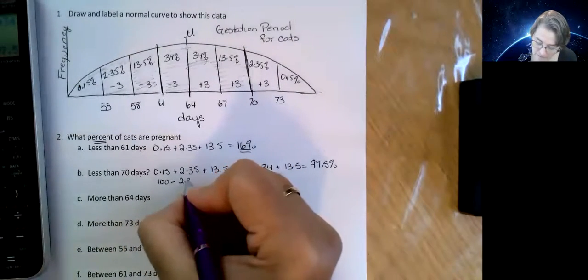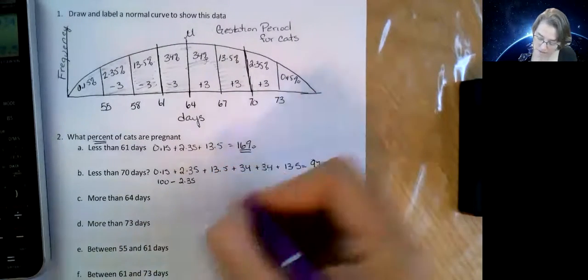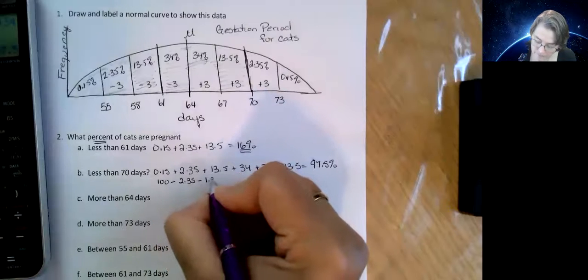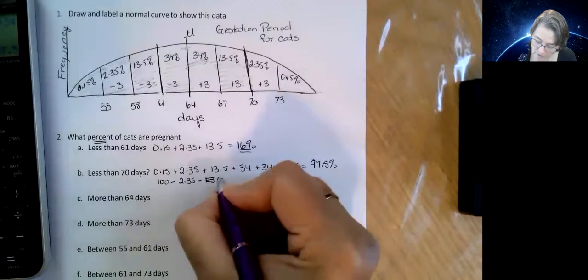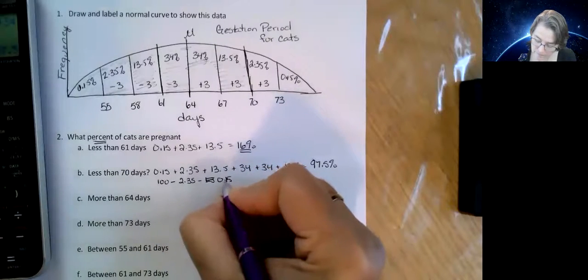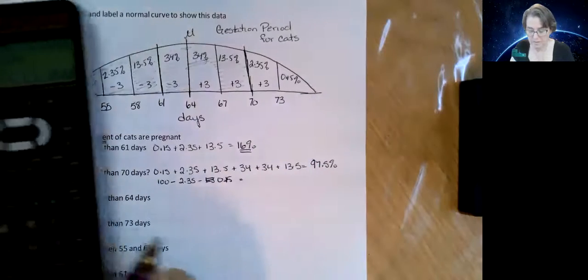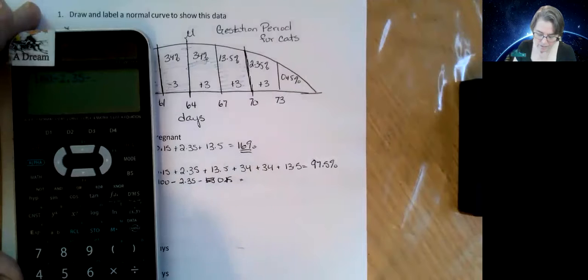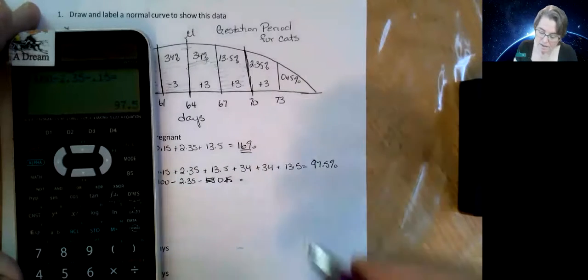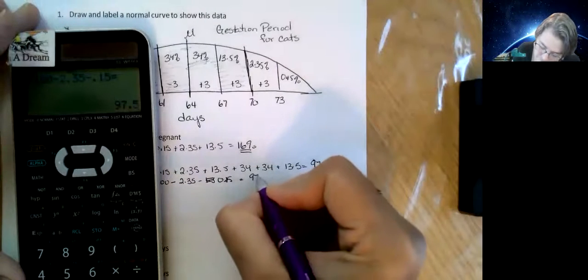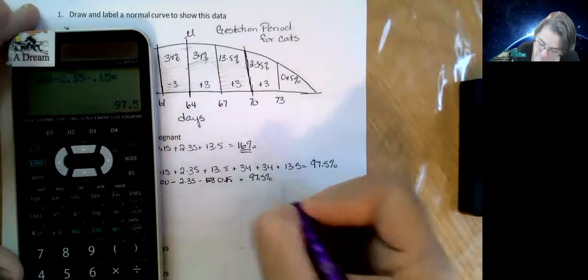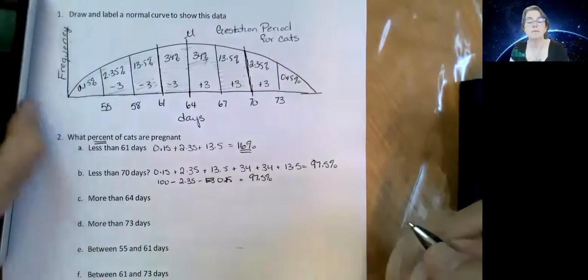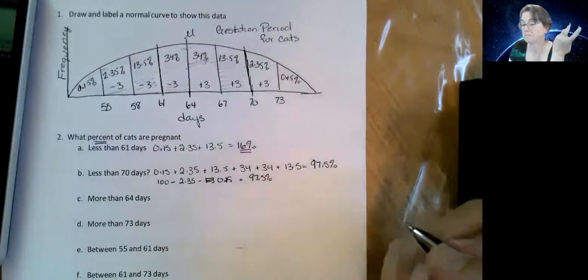I didn't color in that one, and I didn't color in that one. So if I go 100 minus 2.35 minus 0.15, I should get the same. So either one of those is right. Whatever works for you.